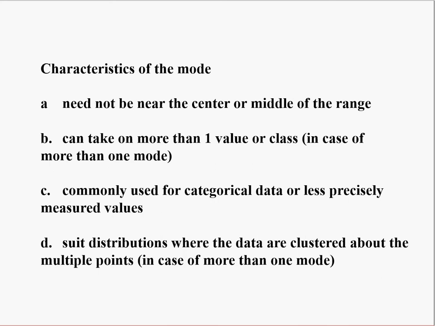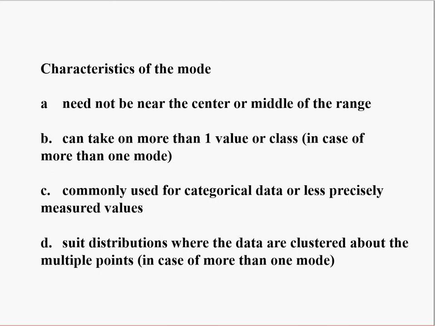Therefore, for this data set, 2 is the mode, the most frequently occurring value. But 2 occurred at the edge, at one end of the distribution. In 2, 3, 4, 5, 2 is the smallest value, not in the middle. So that is what this first statement said: the mode does not need to be near the center or middle of the range.